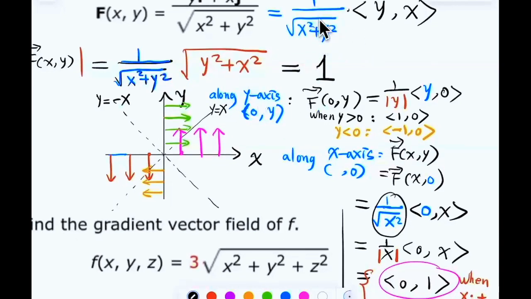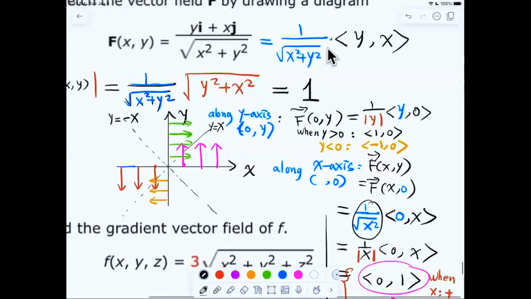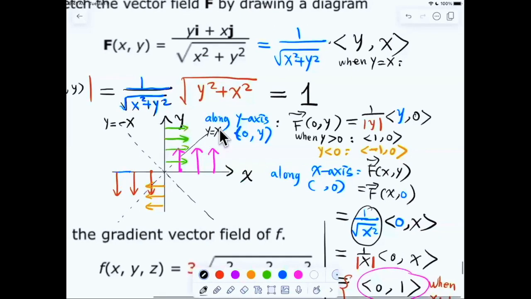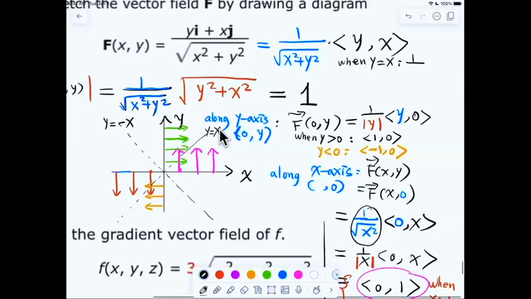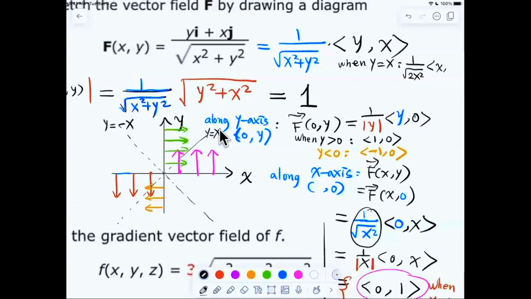When y equal to x, this one here will be 1. So you can try that. Let's try this. So it's 1 over, let's just replace by x, the square root of 2x squared, and then y equal to x, so that will be just x comma x.